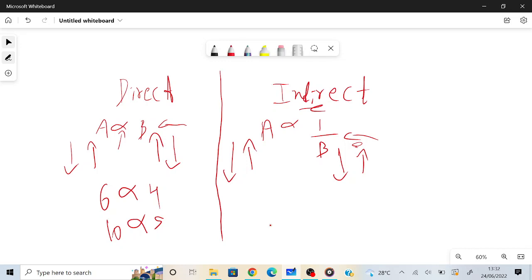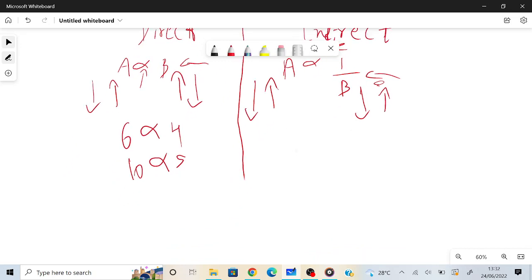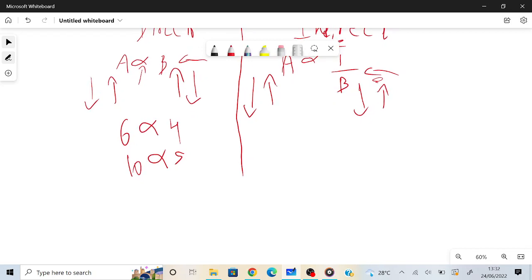Now, this is what it means in layman terms, but when you're solving questions, you have to make an equation. So let's say, again, A is directly proportional to B. The equation you would have to make to solve this is A equals K into B. Now you can see that we've introduced K, and what is K?